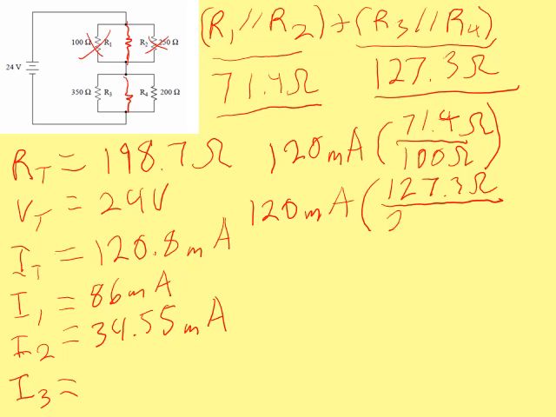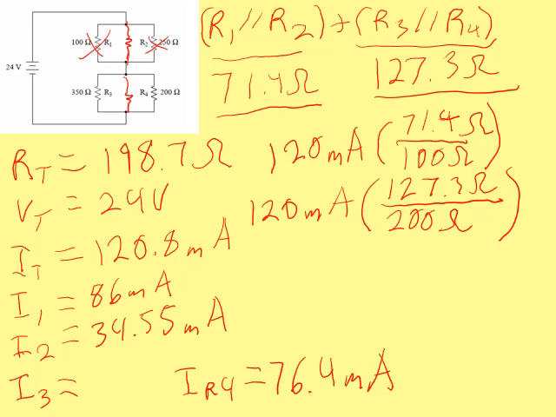Then put 200 on the bottom. 120 times 127.3 divided by 200. I did IR4, so 76.4 milliamps, and I3 will be the remainder of that.